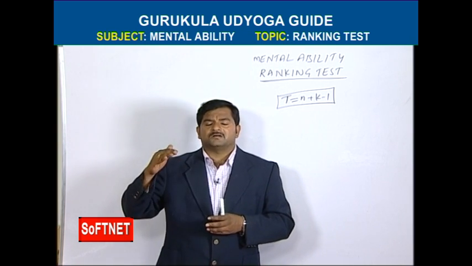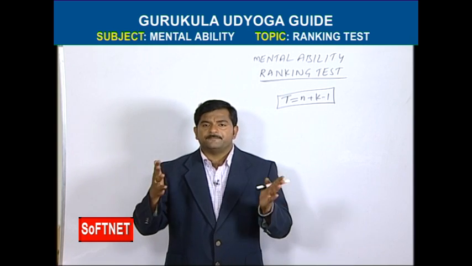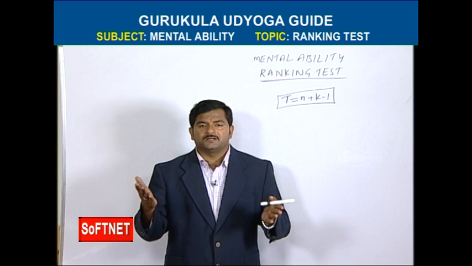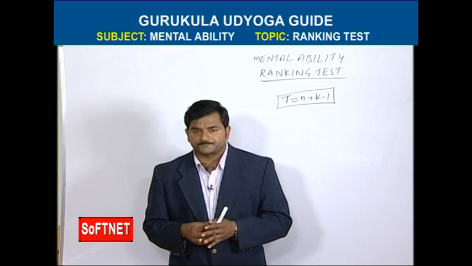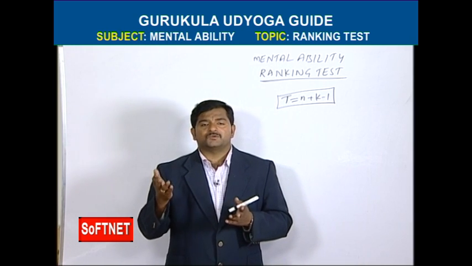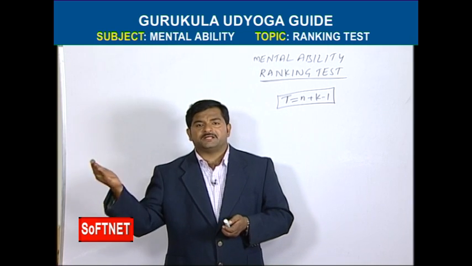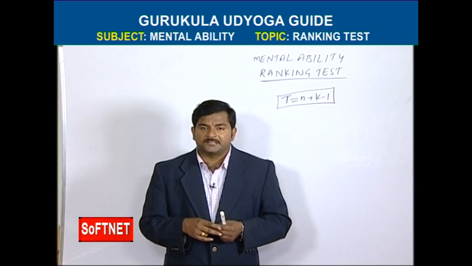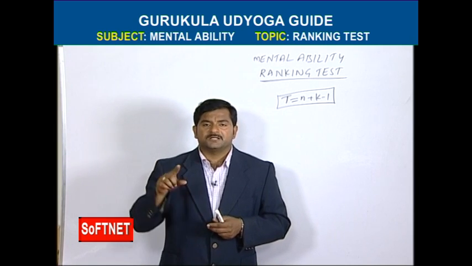Apart from that, there are two or three miscellaneous concepts. The next concept is, he will say there are certain numbers between A and B, find the total number of members in a row. That is one model. Or sometimes A and B are two students. A ranks 15th from the left end and B ranks 20th from the right end. If they interchange their positions, then there will be some interchange condition.